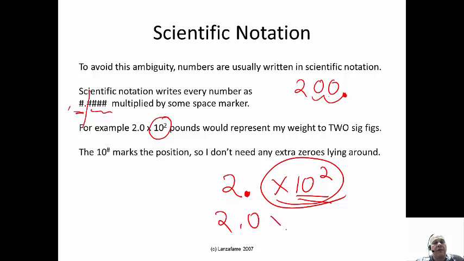If 2 of those digits are significant, I write 2.0, again with a 10 to the first power indicating that I moved the decimal position 1 place, with again a 10 to the second to indicate that I've moved the decimal position 2 places to the left of where it originally was.